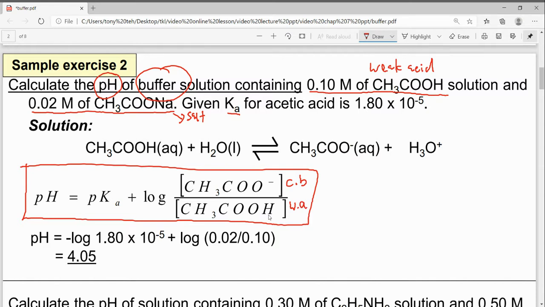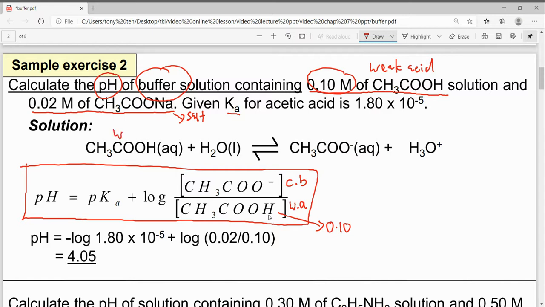Now, how to substitute the information into the Henderson-Hasselbalch equation? We have weak acid 0.1 molar, so this one is 0.1. This is easy. Now, how do we get the conjugate base concentration?